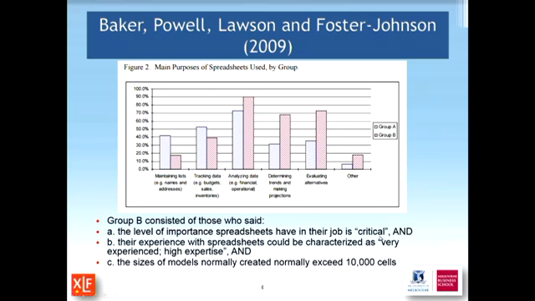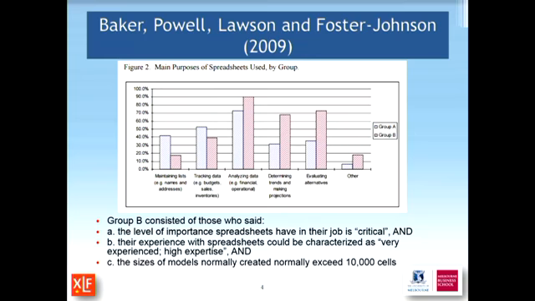In fact, they were critical. They were very experienced, with high expertise in modelling, and most of the spreadsheets they created were 10,000 cells or more. So the Group B people are similar to spreadsheet students at the MBS, a bit like you people.